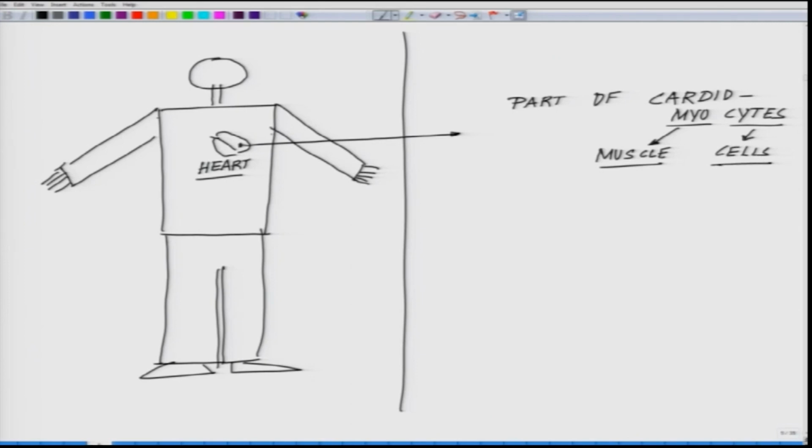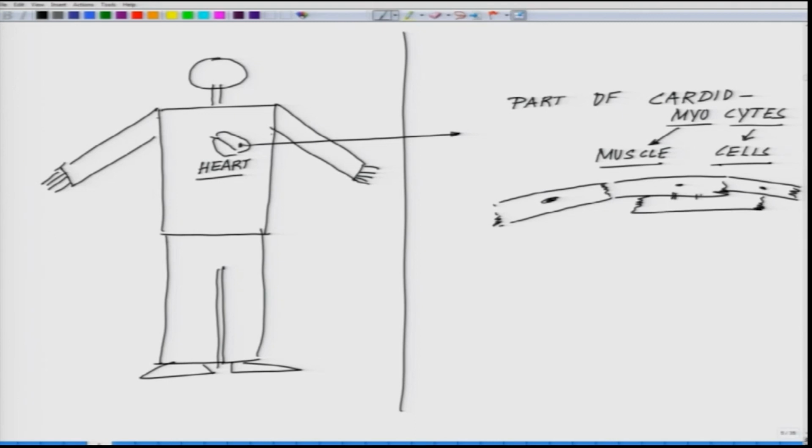Cardio means taken from the heart. So, I take part of this, and these cells look like this. And there are connectors called gap junctions. I am not getting into the detail of it at this point.